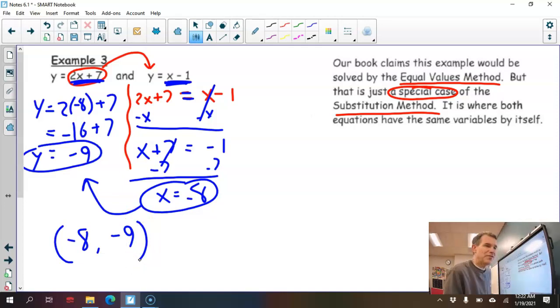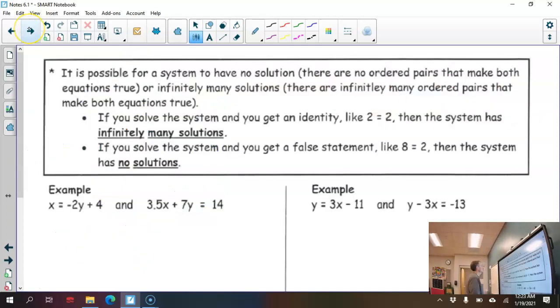All right, I've got one more thing. It is possible for a system to have no solutions. We know that already if you've done the first homework. That is when you graph your two lines and they're parallel to each other. That means there's no solution.